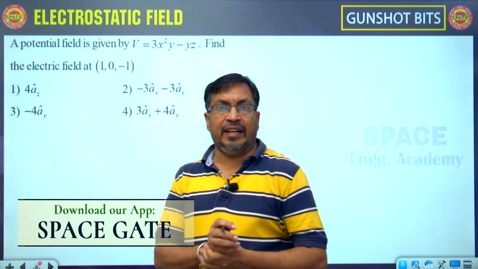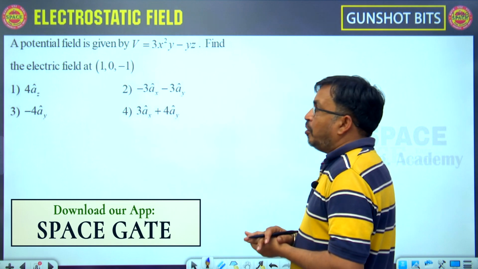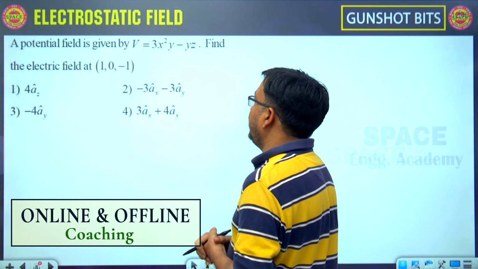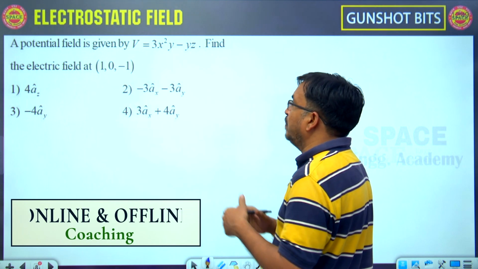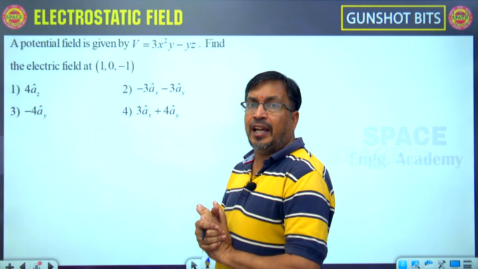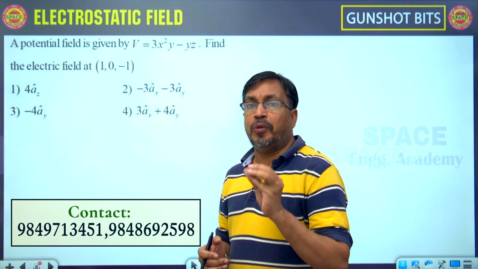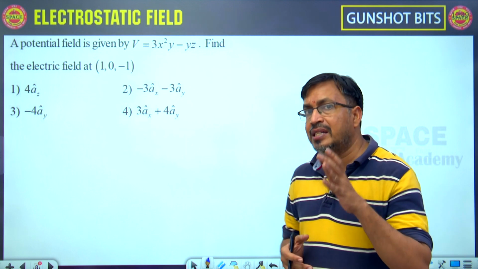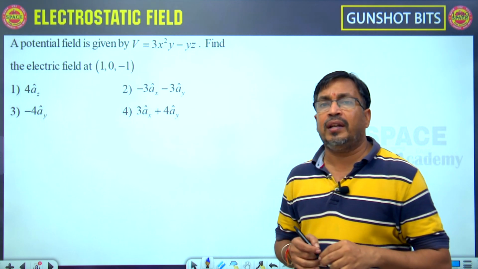Next question, here we are discussing. The question is: a potential field is given by V equals 3x square y minus yz. So here the potential is given, which is a scalar quantity, in the rectangular coordinate system.